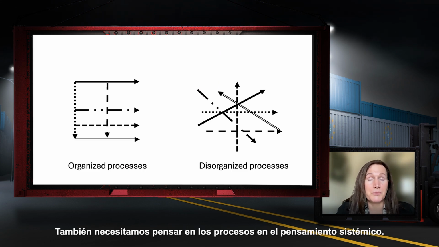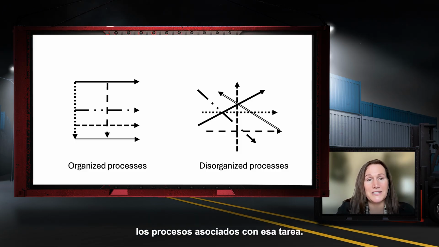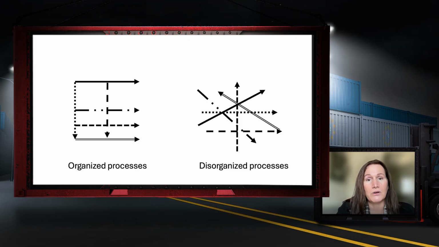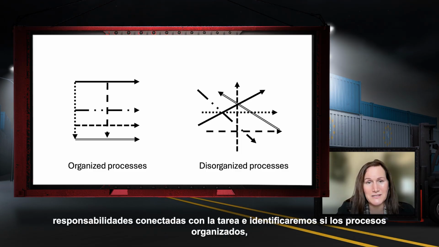We also need to think about processes in systems thinking. So when we're approaching our work or we identify a problem, we need to examine the processes associated with that task. Now, we're not just going to look at the task itself, but clearly looking at the roles and responsibilities connected to the task and identifying, are the processes organized?